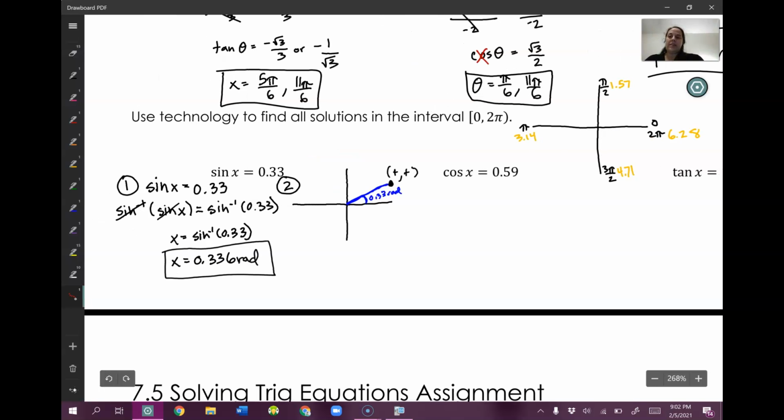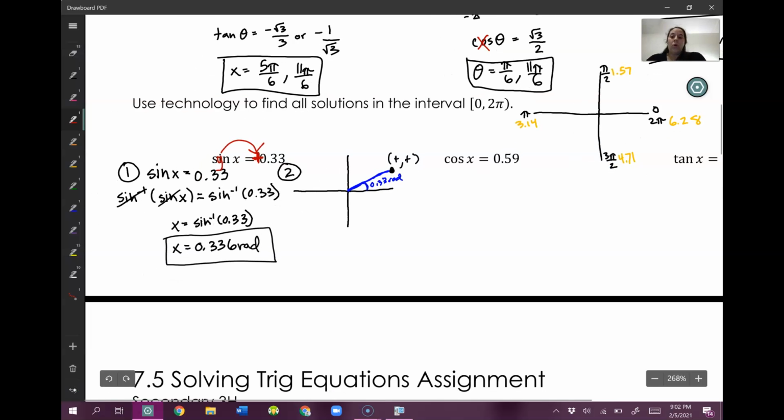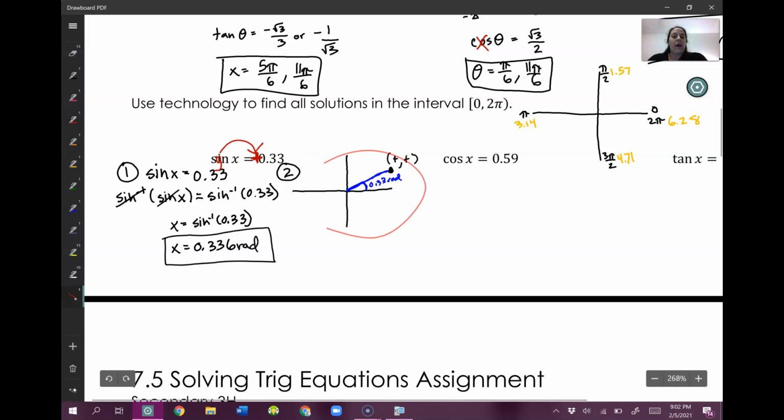Well, next step. This particular problem is asking about sine, which is my y value. And this particular one has a positive answer. So if it is saying that the y value is positive, well, there's one other place on this graph where the y value is positive, and that's over here.